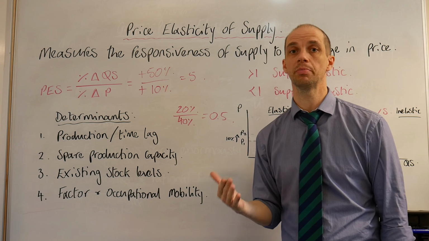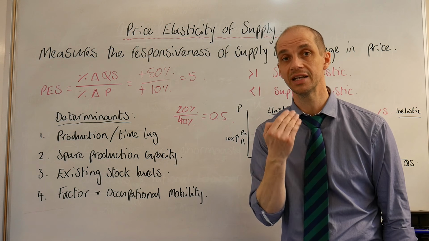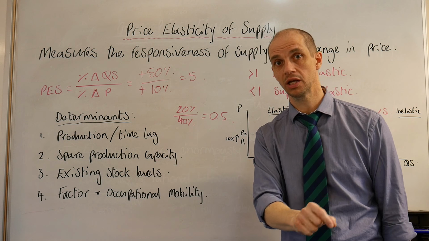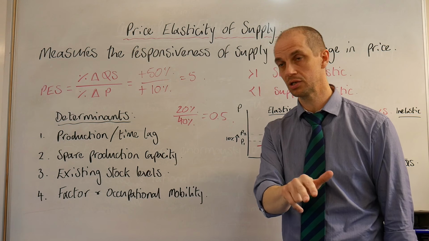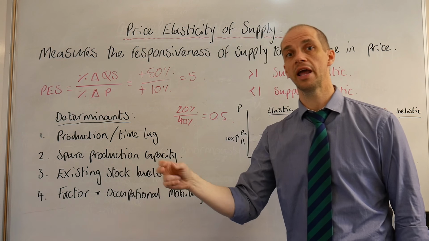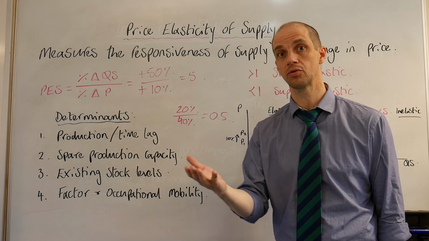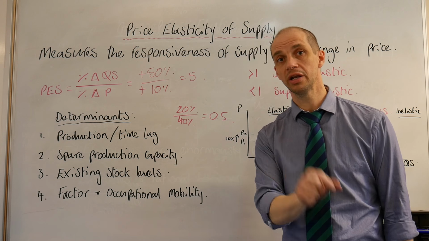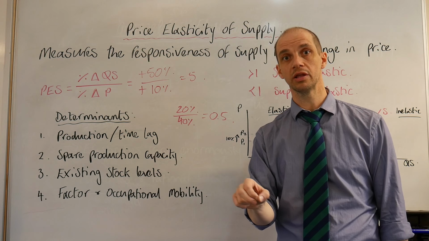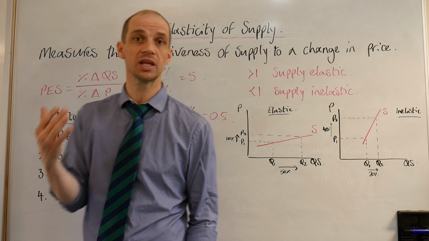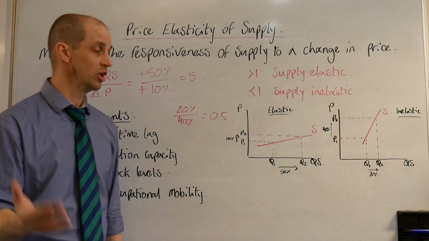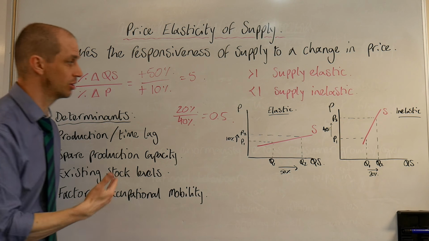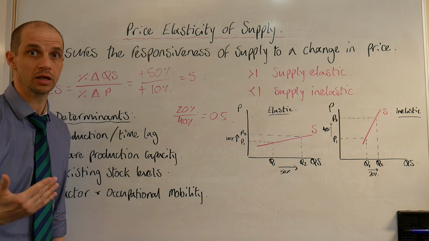And then we've got occupational mobility as well, and that is how easily can the labour force actually move from one particular industry or one particular sector of the economy to an area which is perhaps enjoying an increase in price levels. If factors of production and labour can easily move between those sectors, again, you're likely to see a more elastic supply curve. But once again, there is likely to be a time lag in terms of how quickly that takes to actually occur.